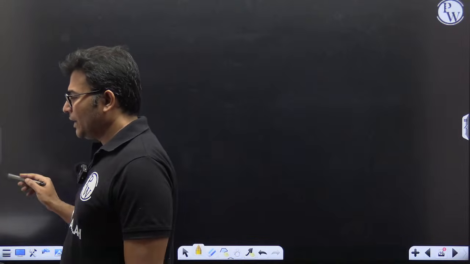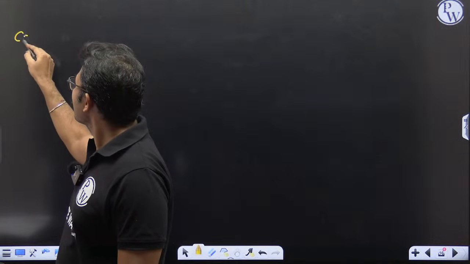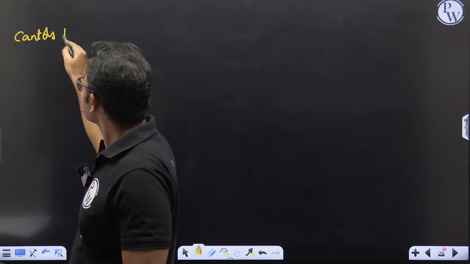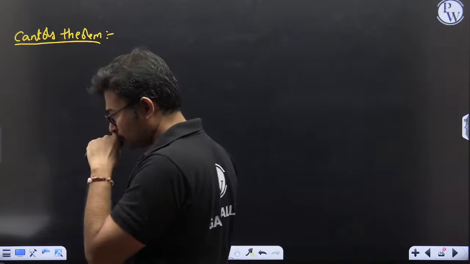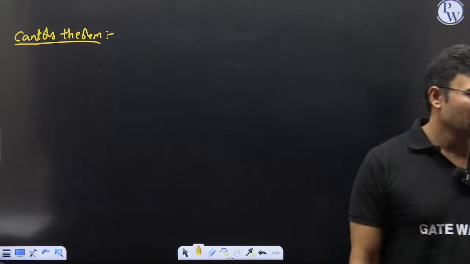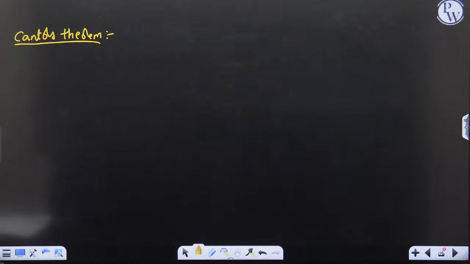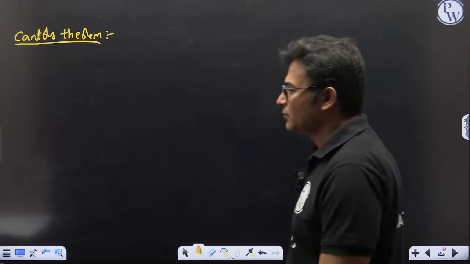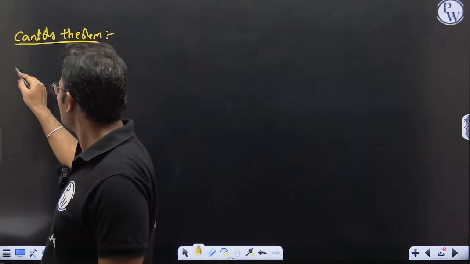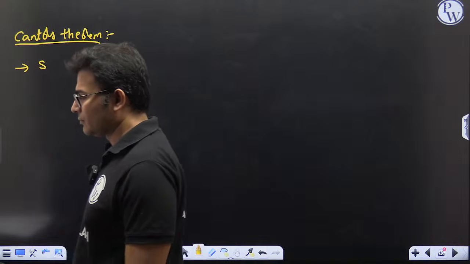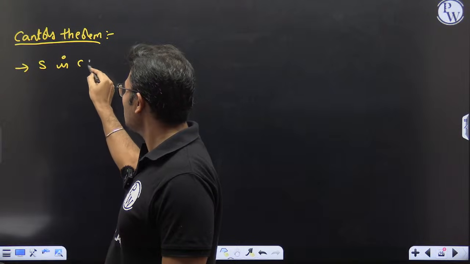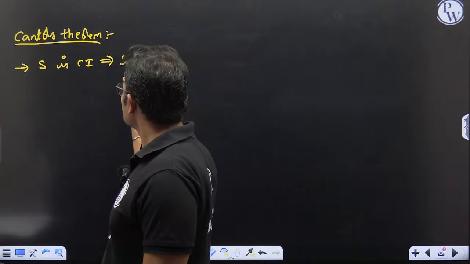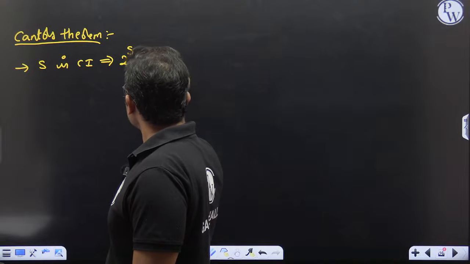Now let us see Cantor's theorem. If S is countably infinite, then 2 power S is uncountably infinite.